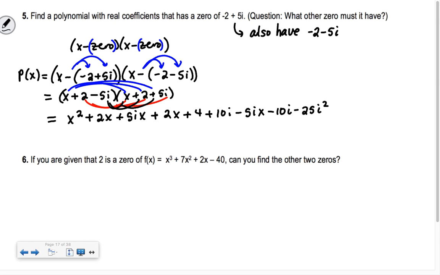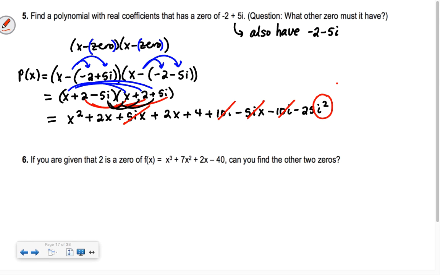Okay, so let's look through. We have x squared plus 2x plus 5ix. Do we have a minus 5ix somewhere? Yep, right there. So our 5ix and our minus 5ix are gone. But then we have plus 10i. Do we have a minus 10i? Yep. But then it looks like we still have an i squared. We have -25i squared.